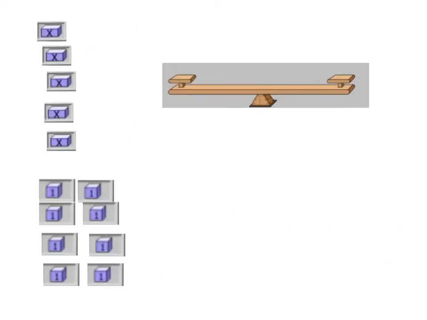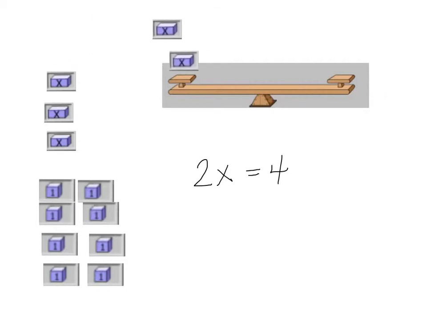There they are. On this page I'm going to model our equations using either algebra tiles or some sort of shape representation. Remember we talked about equations having an equal sign. So an equation might be something like 2x equals 4. I can use algebra tiles and put them on this scale, or I can use these little pieces that I have, and say I have an x piece and an x piece.